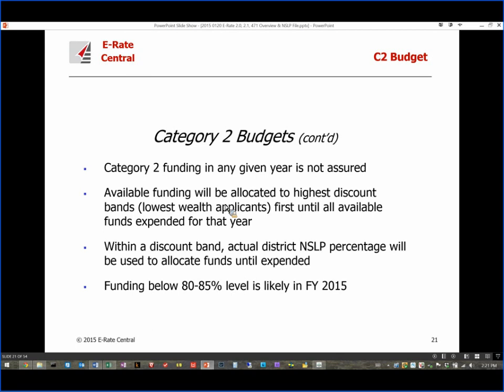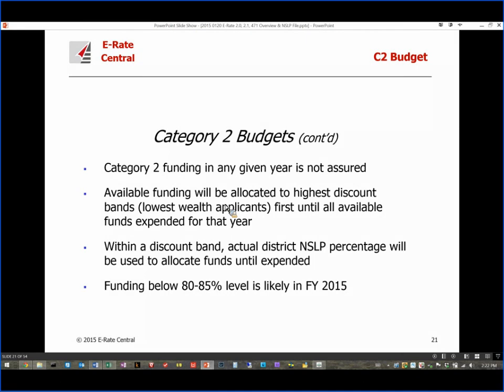One of the issues that'll be raised is how the funding for category 2 will be allocated. And it basically is going to start at the top band and work down. Unlike in the past where they would cut off funding at a specific band if they couldn't fund the entire band, under the new guidance, they'll continue to fund until they've spent the last penny, and the way they'll do it within a band is to use the actual NSLP percentage as the tiebreakers, if you will, within that band.